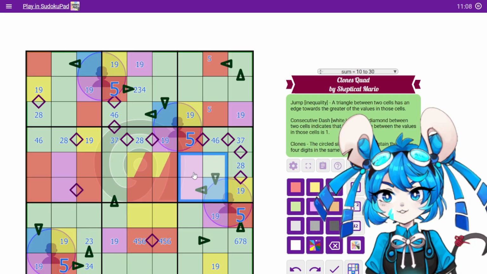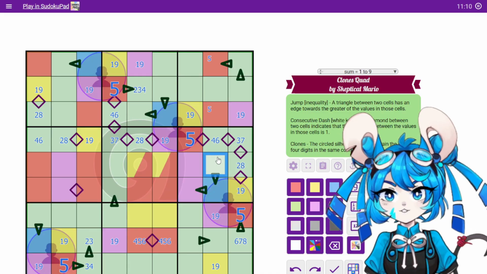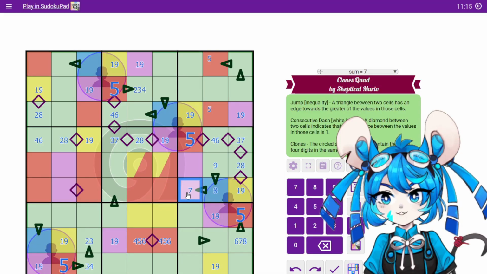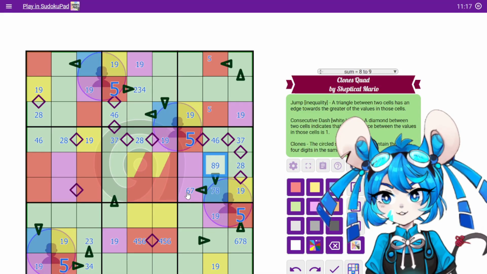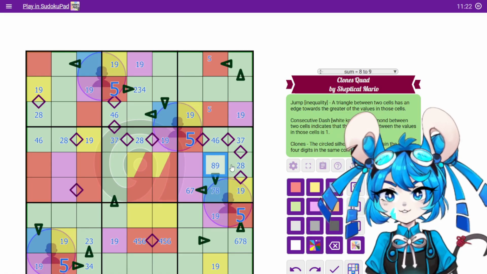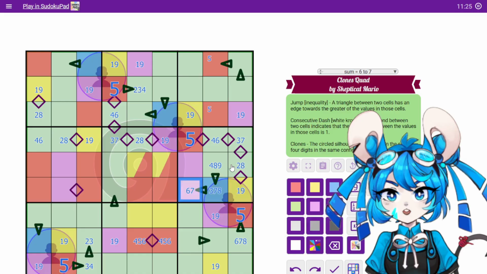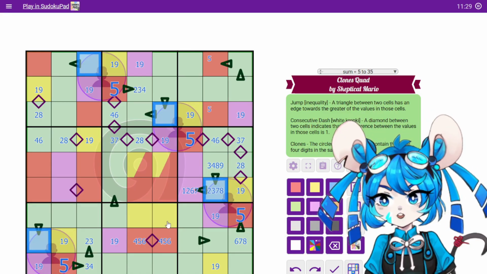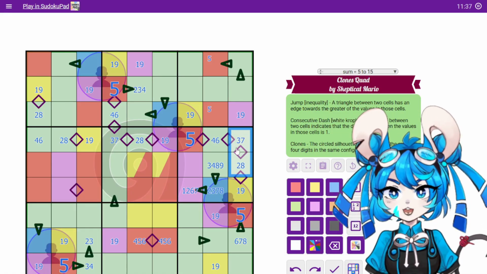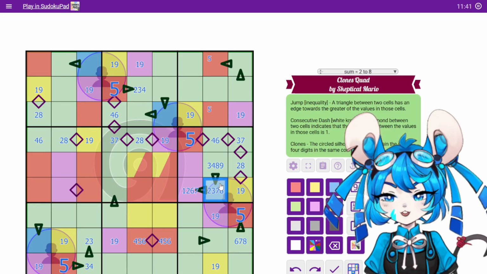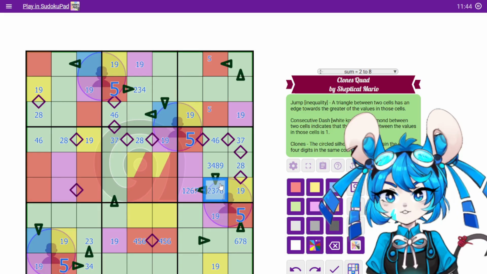So it could be 987, 678, and if it's the low digits, then these would be 4, 3, 2, 1, 2, 3, 2, 3, 7, and 8. Interesting set of digits, but I don't think there's really any problem with them.